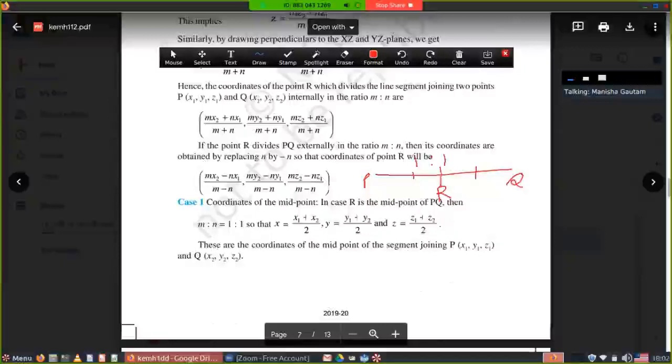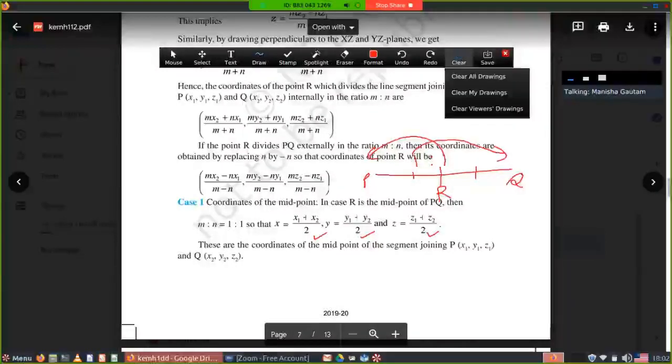Then the coordinates of R will be (x1 plus x2) by 2, (y1 plus y2) by 2, and (z1 plus z2) by 2. Here 2 is 1 plus 1, the sum of the ratios. In the formula we have written m plus n; here you will write 1 plus 1, that is 2. Okay.